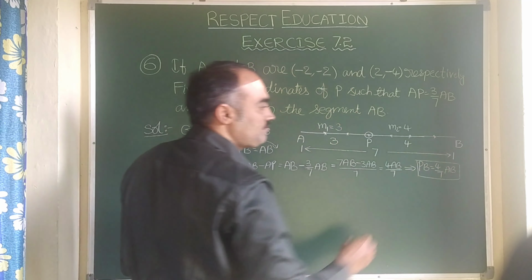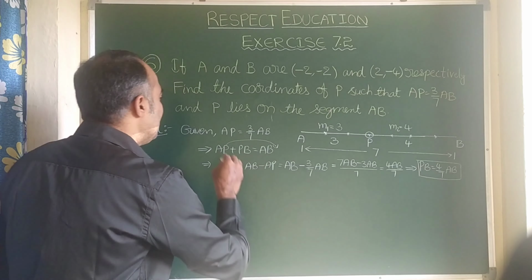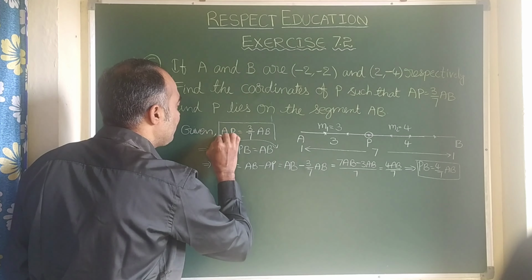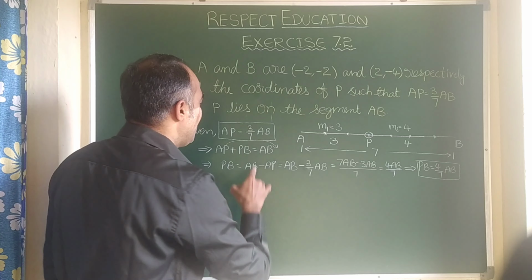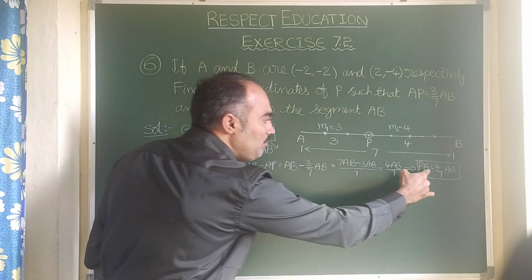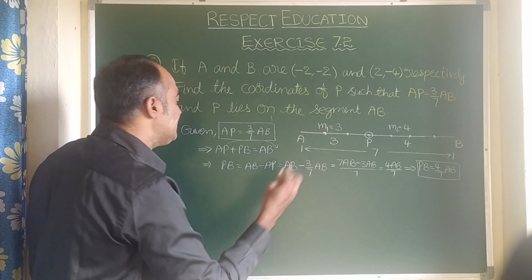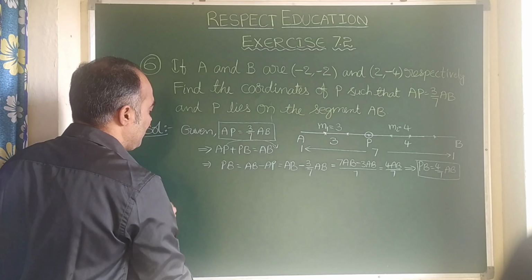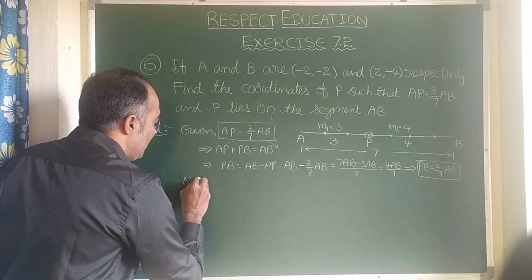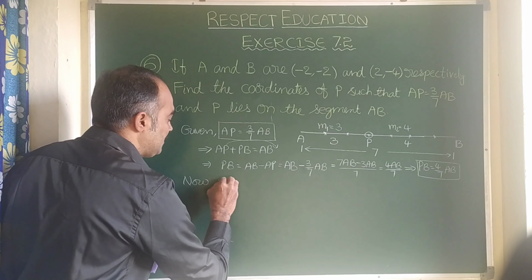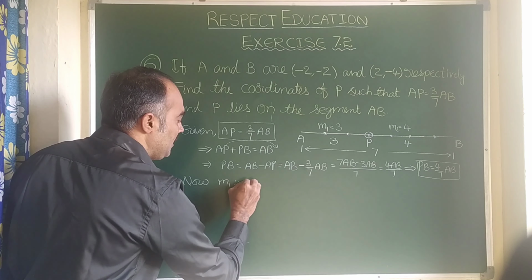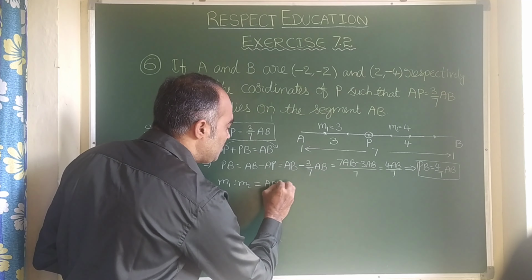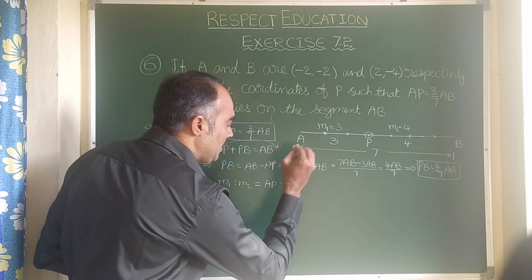This is PB. Now this is PA. AP is nothing but PA. Now we have AP and PB. Let us take the ratio. Now the ratio becomes, M1 is to M2 is AP is to PB.